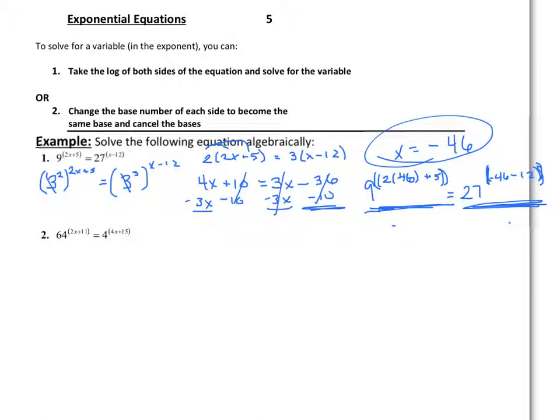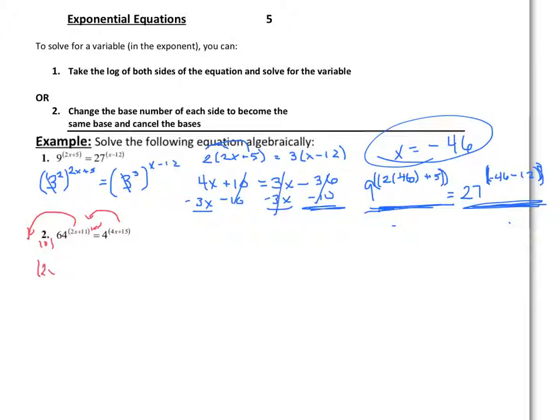Now if I take the log of both sides and move my exponents, so I'm going to take the log of 64 and I'm going to take the log of 4. So whenever you take the log, the exponent rule means I can move my exponent out in front of my log.